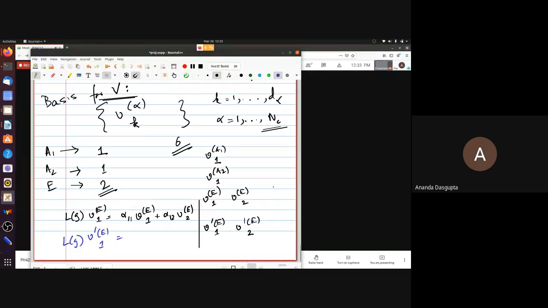Remember what we are saying is that this one and this one both span invariant subspaces which carry the same representation, namely the representation we have labeled E. So it should be some constant times V1 prime plus. So V prime E1, some constant, let's say beta 1, 1, and like that.